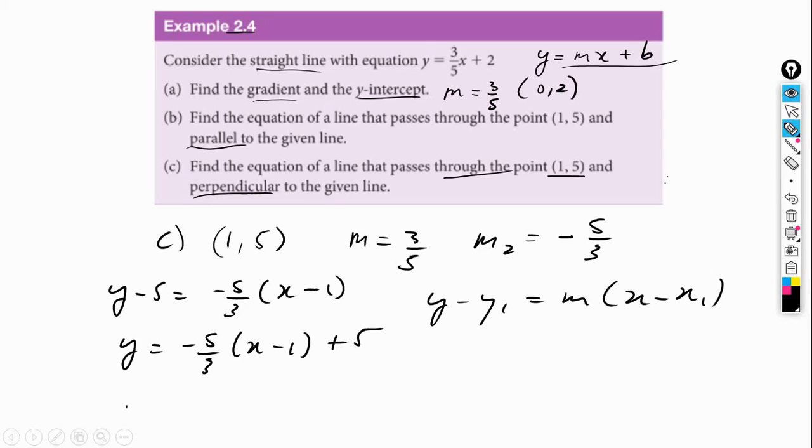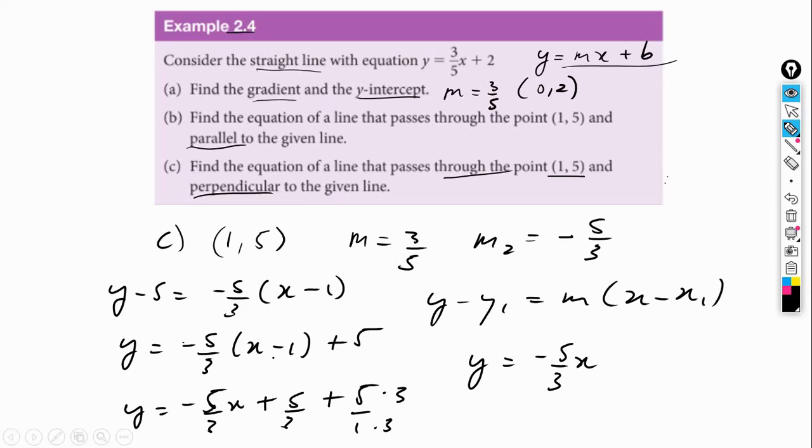And then we get that y is equal to minus 5/3 x, and then plus 5/3, right? Because negative times negative is positive, so plus 5/3 plus 5. Here we have to add these two, multiply by 3, and we're going to get 15/3. In other words, y is equal to minus 5/3 x plus 20/3.